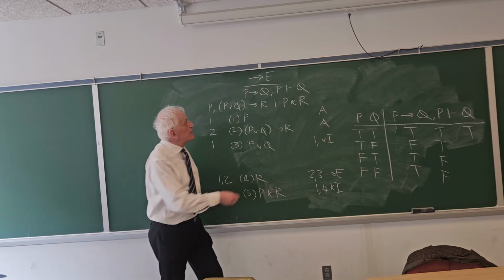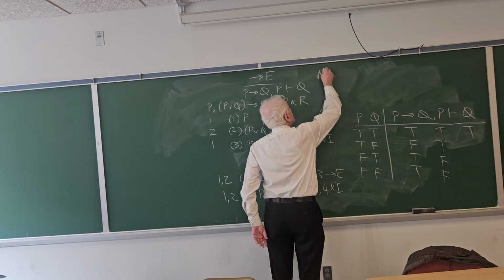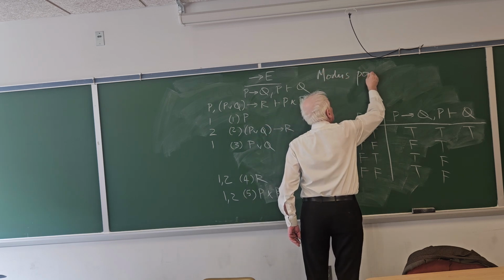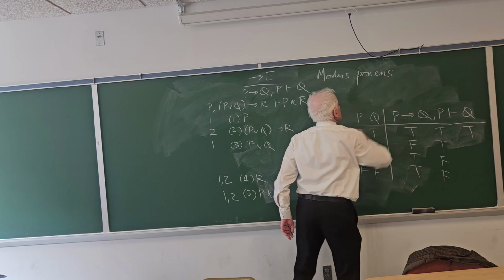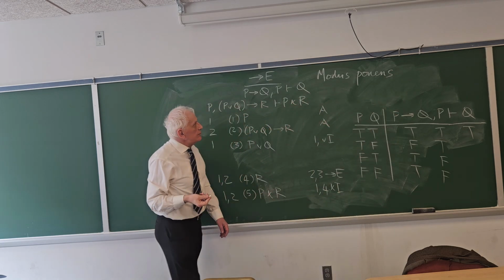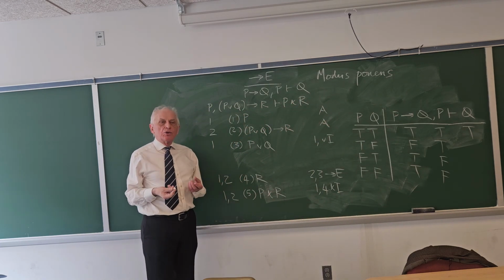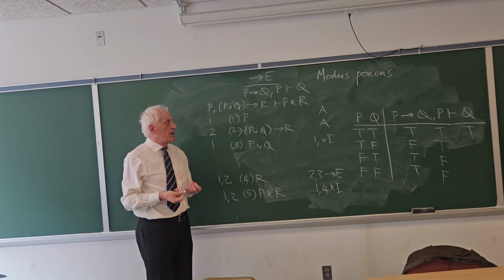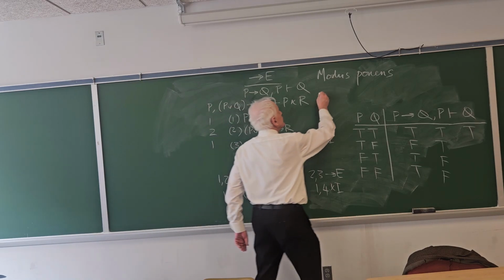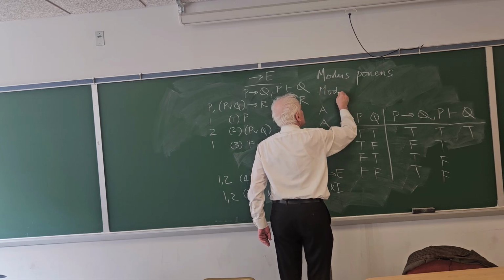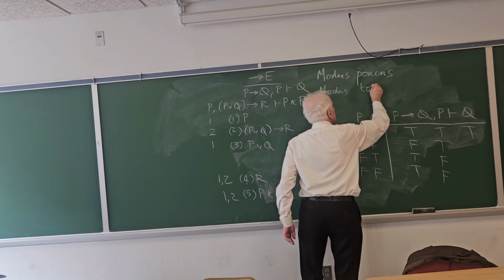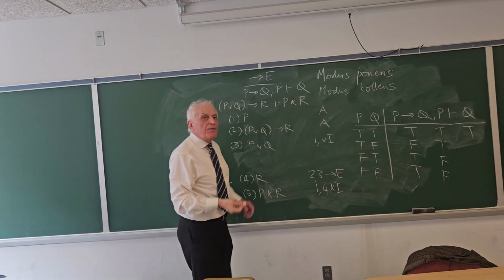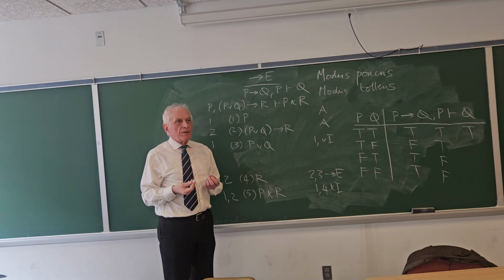Conditional plus its antecedent allows you to derive its consequent. This rule is very often called modus ponens, or modus ponendo ponens. And there is another rule related to the conditional which has a similar name, modus tollens. But that is not a primitive rule in our system.